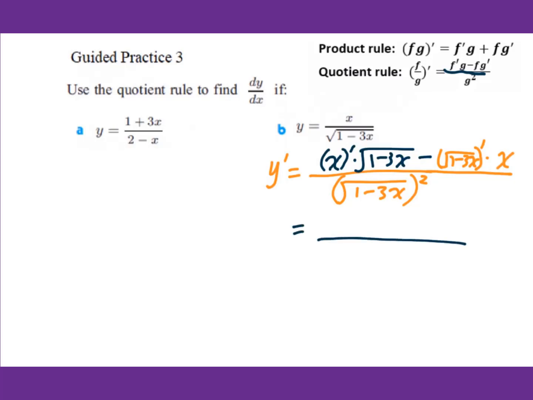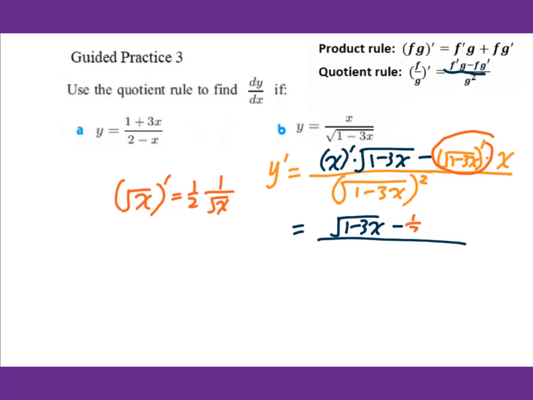For the derivative of x, that's 1, so square root of 1 minus 3x. Minus the derivative of the square root, remember that it's 1/2 times 1 over square root of x. Therefore, we do 1/2 times 1 over square root of 1 minus 3x.